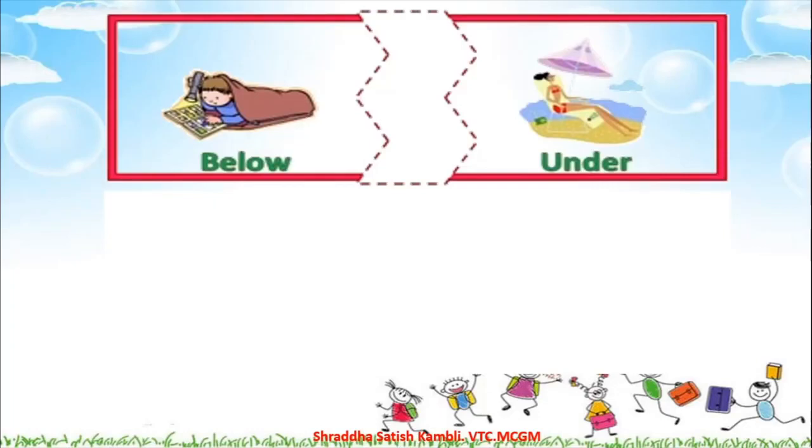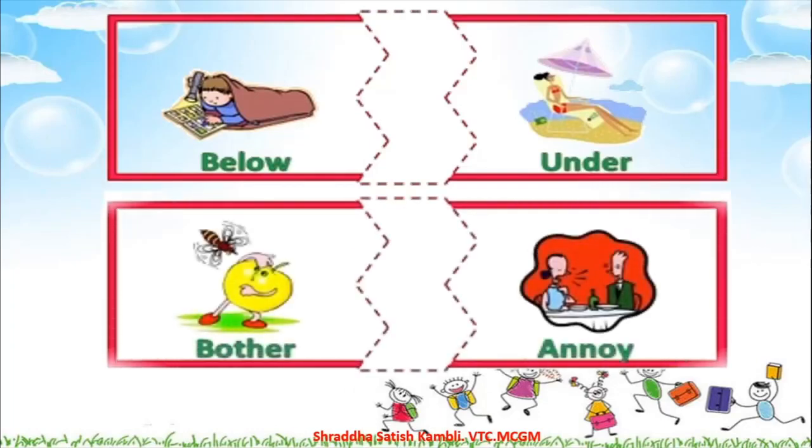Okay, moving on. Let us look at a couple of synonyms more. So see, bother. Bother means what? When you trouble someone, when someone is making you angry, that is called bother. See, there's this honeybee who is bothering the apple. And the apple is getting very irritated.